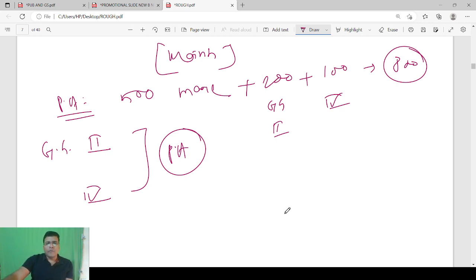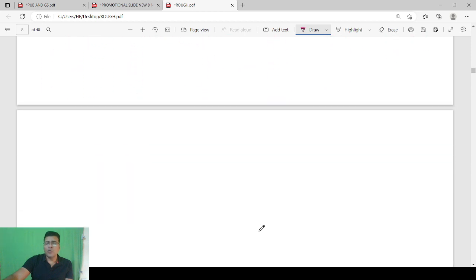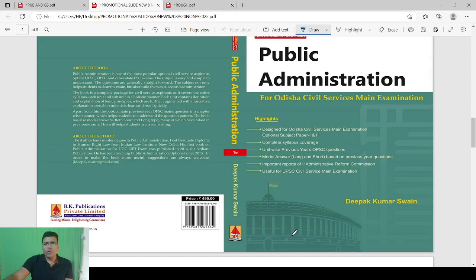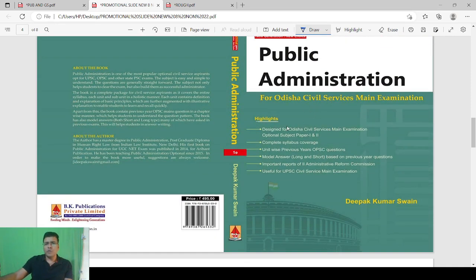Before taking an optional, you should look into the syllabus and previous year questions. And this is a book. Just have a look into the book, public administration. This book has the complete syllabus, unit-wise previous year questions given.